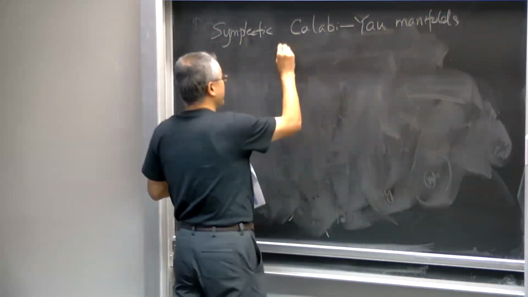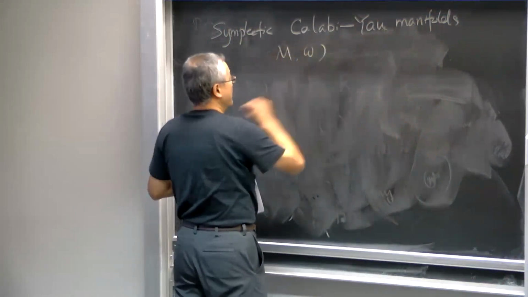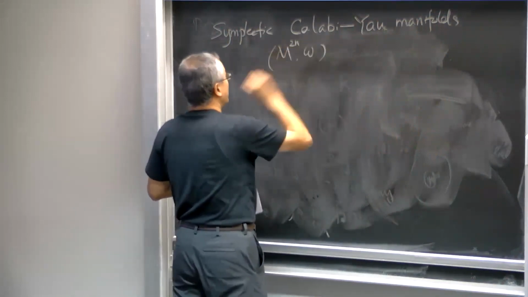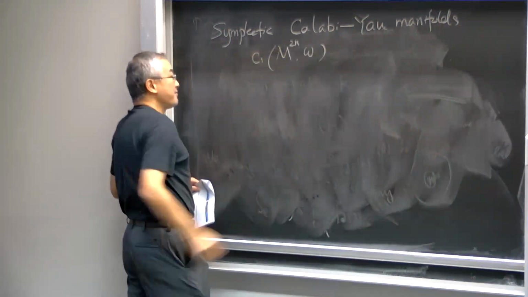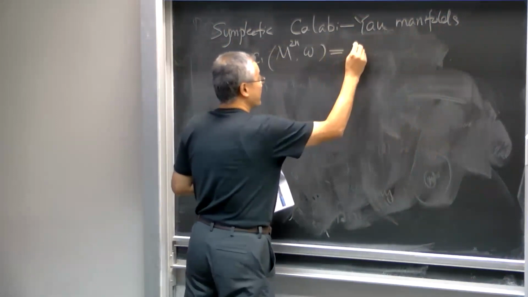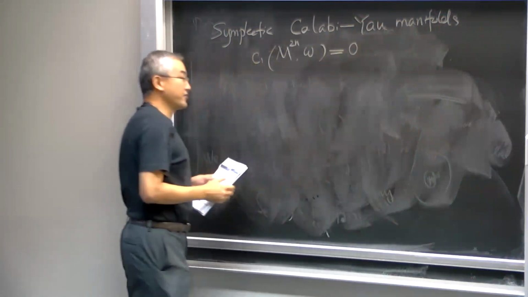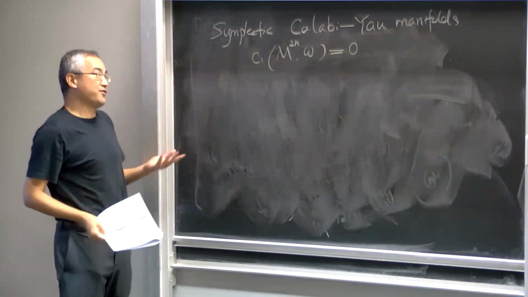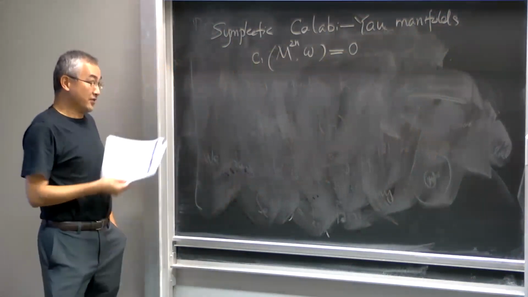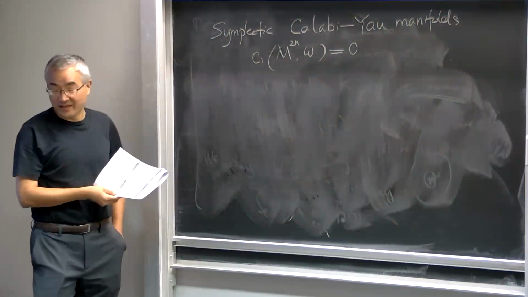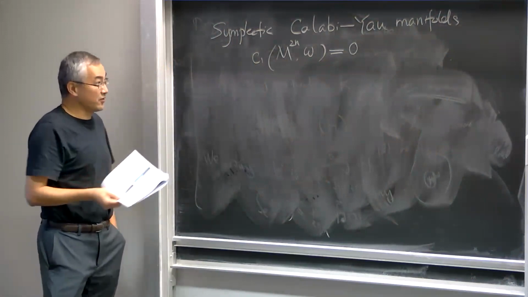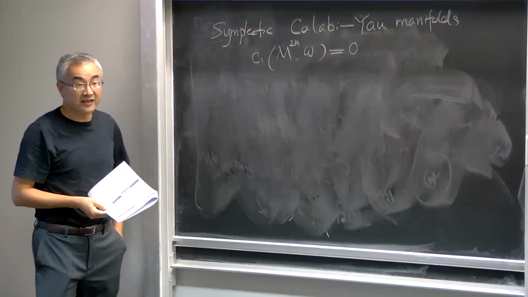so this just means a symplectic manifold where the first Chern class is 0. So actually for the four-dimensional situation, we interpret this really loosely. It could be just 0 in the real cohomology rather than the integral cohomology.